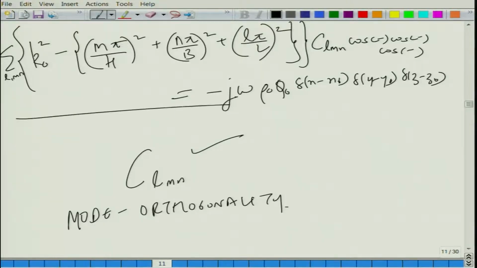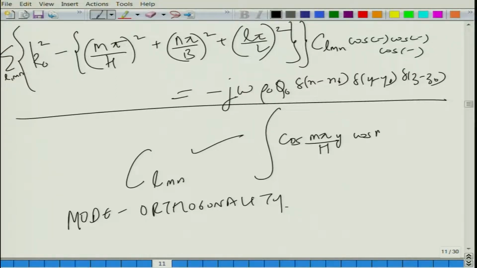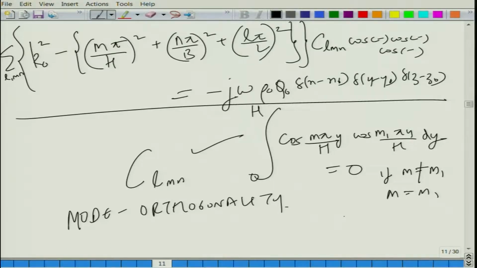So, what do we do? We should realize by now that the integral of cos(m pi y by h) and cos(m1 pi y by h) dy over 0 to h is equal to 0 if m is not equal to m1, and if m is equal to m1, then things are different.